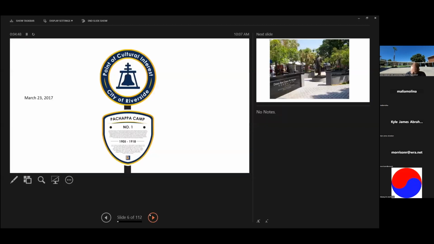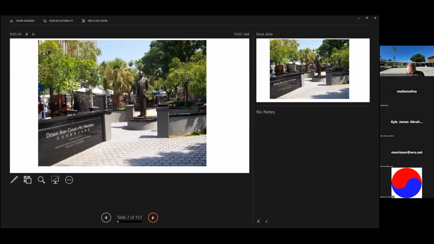And the city of Riverside designated the former Pachappa campsite as a point of cultural interest on March 23rd, 2017. March 23rd is the day Dosan Ahn Chang-ho arrived from San Francisco to Riverside in 1904. That's the reason why they designated this.